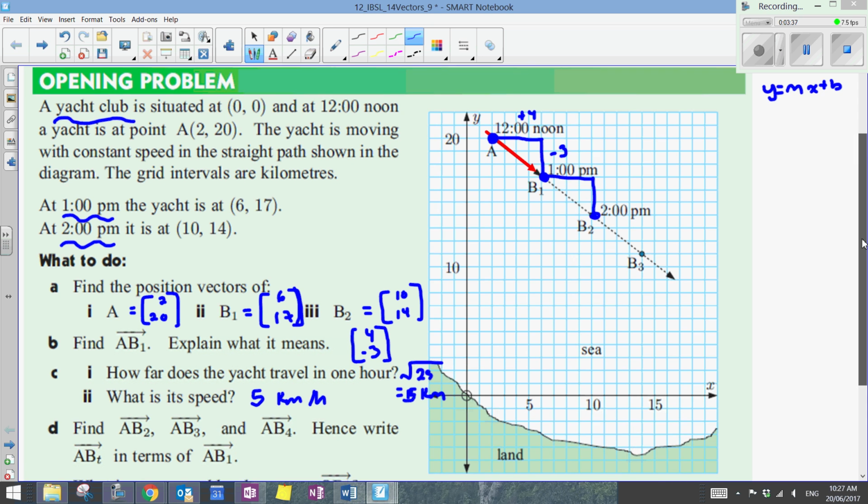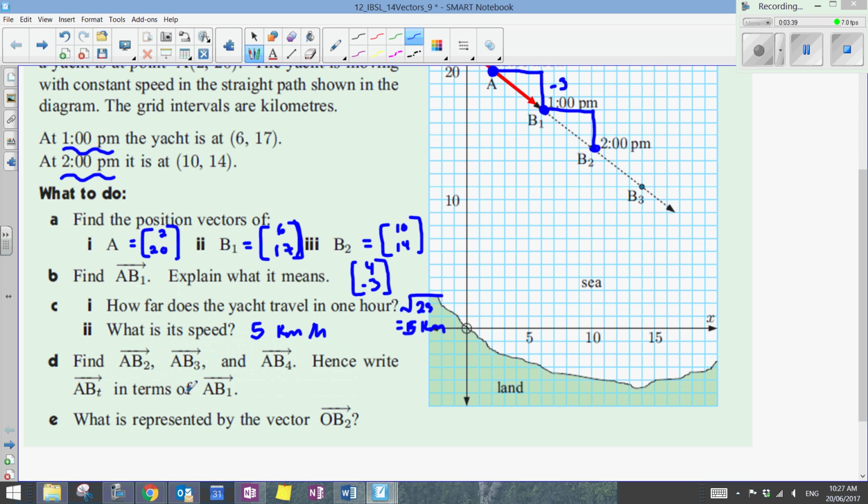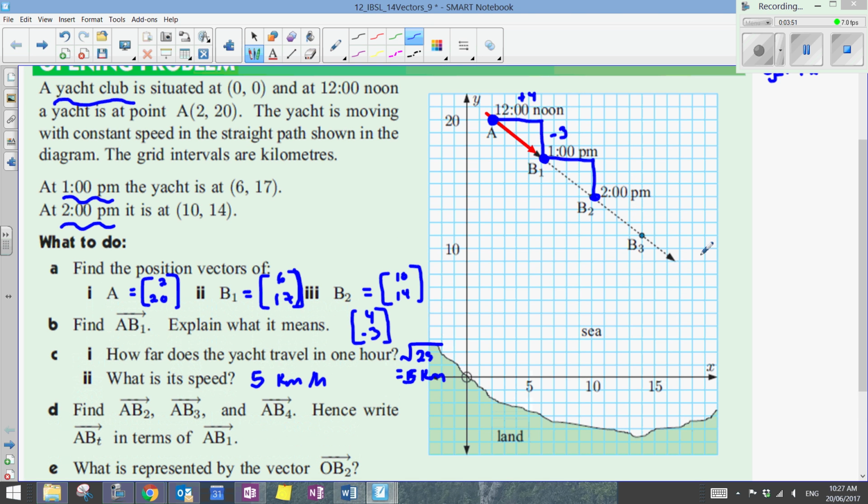And then we can continue to start thinking about, well, what does this mean for us with this linear motion? If we find AB2, or AB3, or AB4, notice what's happening every time that we just let 1 additional hour pass. Every time we let 1 additional hour pass, we're just going to continue to move 4 units in the x direction and 3 units in the negative y direction.